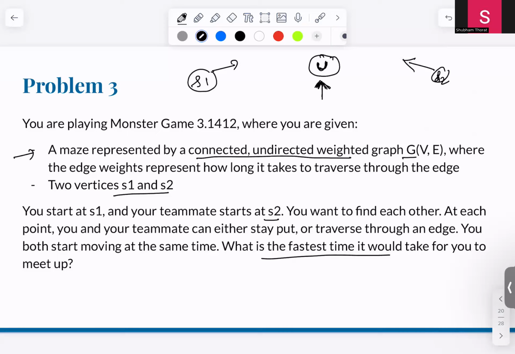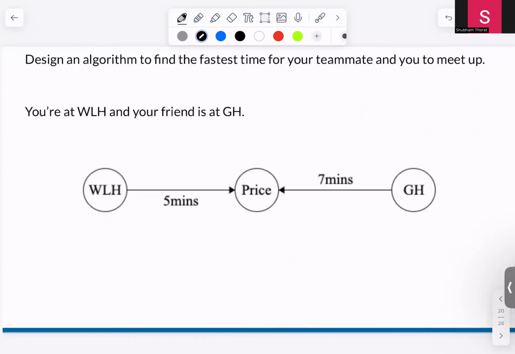Since you can stay put, you don't have to reach there at the same time. If someone reaches there earlier, they can just wait until the second person comes in, right? So you want to find the max time. We'll do something like that here.